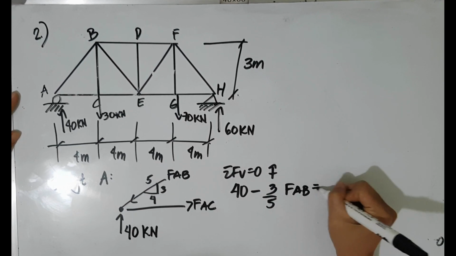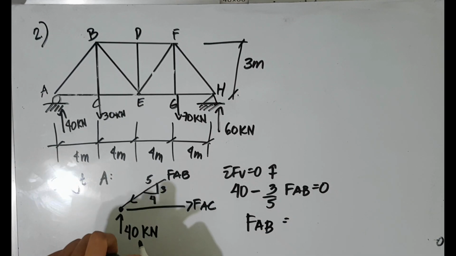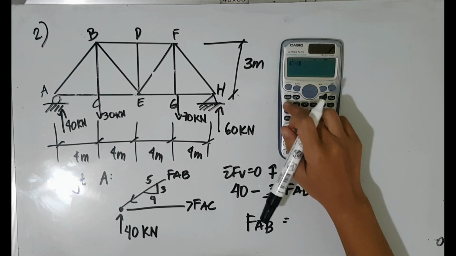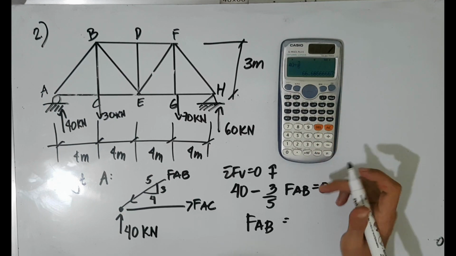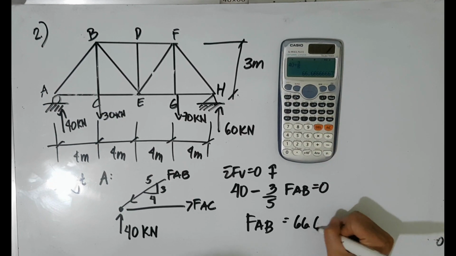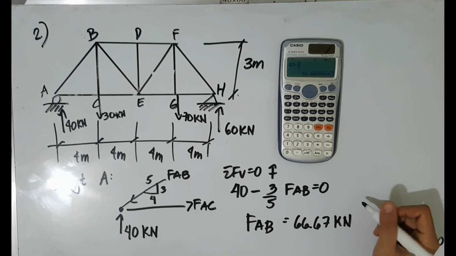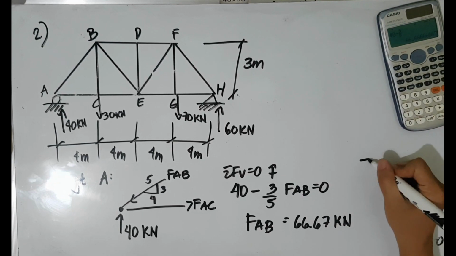Therefore, the internal force along member AB is equal to 66.67 kilonewton, and our assumed compressive force is true.